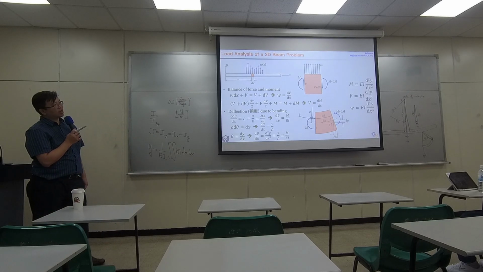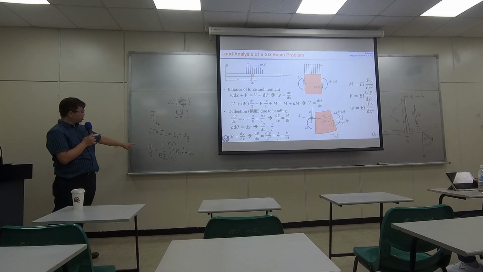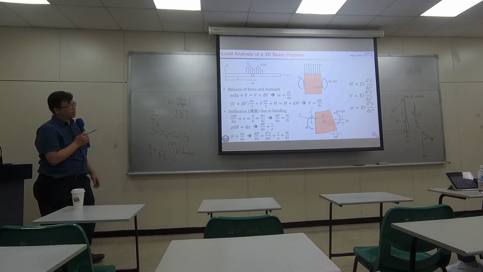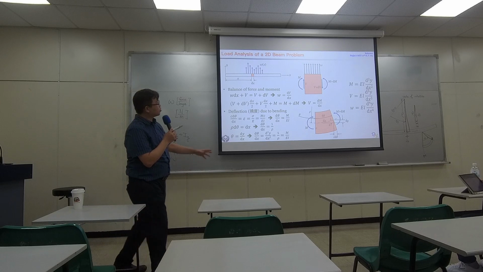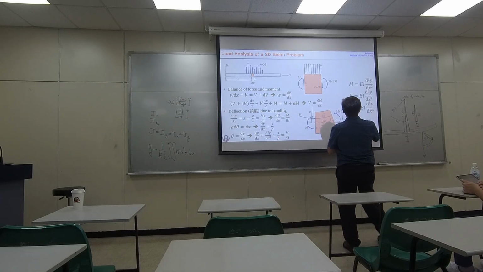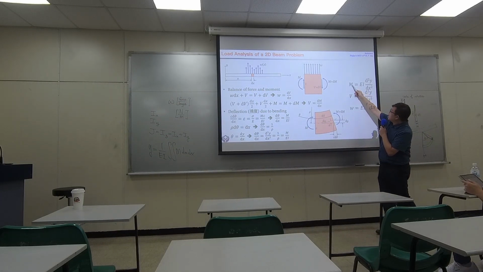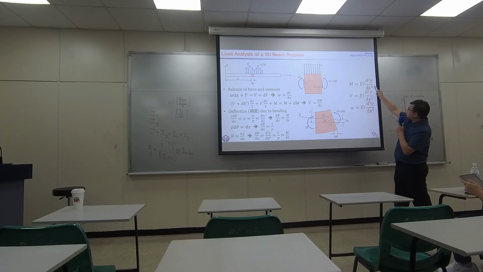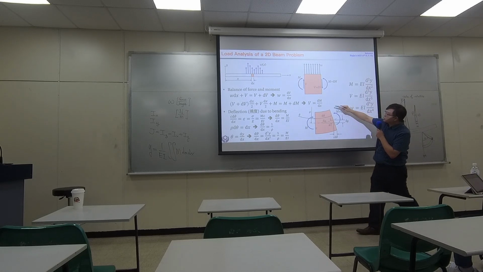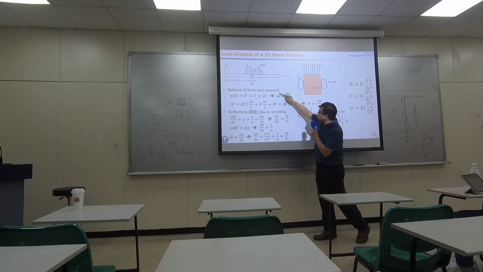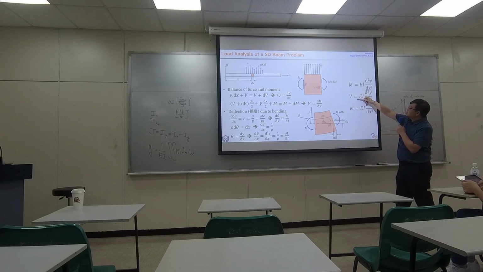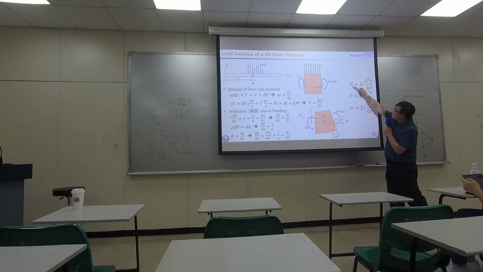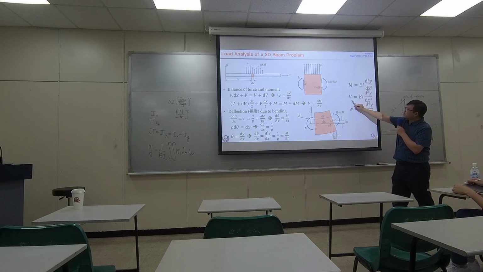So later on, we will have some exercise. We need to do this, okay? So to sum up, at the end, M over EI equals y double prime, okay? And since we have these two equations right here, you can take one more derivative of M, you will have shear.